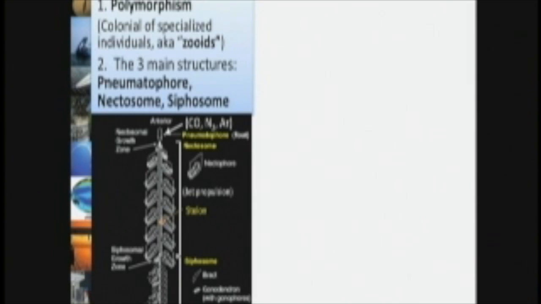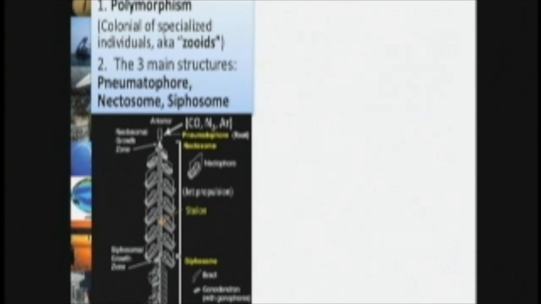And the middle part of the body we call the nectosome, and its function is to swim. The way they do that is just to squeeze water out. So it's just like Jacqueline just mentioned, they do jet propulsion. And the tail of the siphonophore, called the siphosome, is actually a cluster of reproduction and feeding organs. And all the individuals are connected together through the stolon, a little bit like our blood vessels.